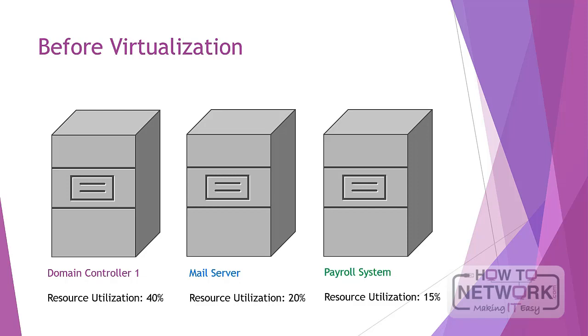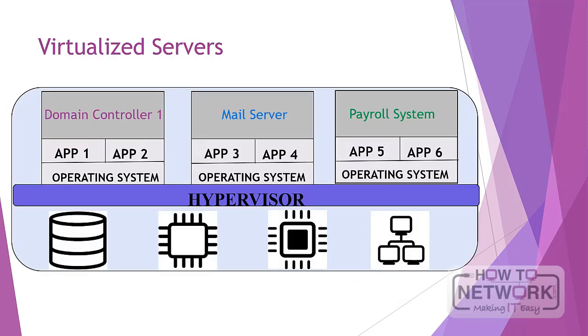Because what happened was each application, each server had to have its independent hardware. So the technology industry realized this and came up with a solution which is called server virtualization, and this was sort of the beginning of it all.